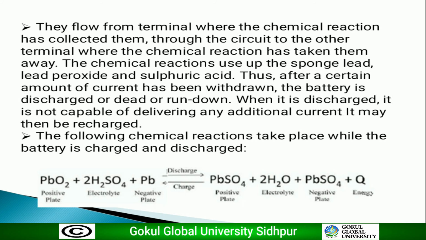This is the discharge condition. When we continuously discharge the battery, the H2SO4 divides and the positive plates are constantly filled with PbSO4 and the negative plate is filled with PbSO4. There comes a time when no electrolyte is present in the battery and no current will flow, so we say the battery is totally discharged. This is energy, meaning electrons.